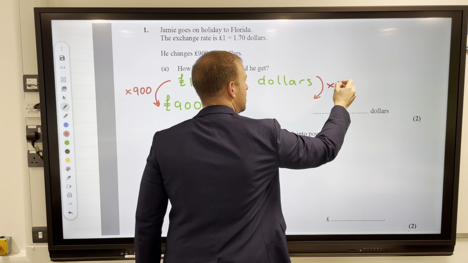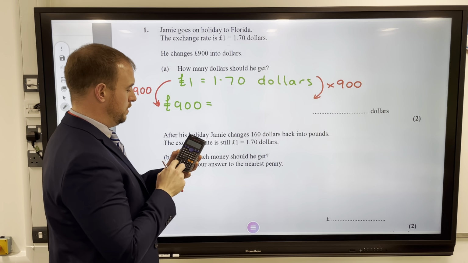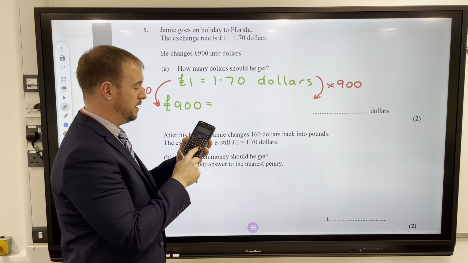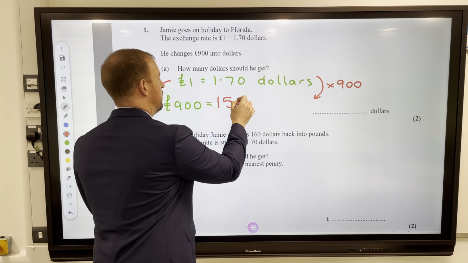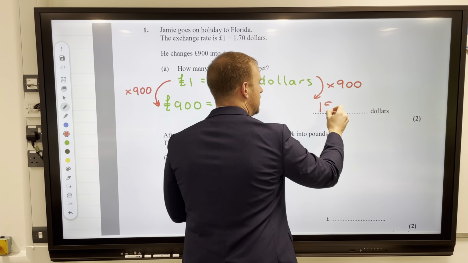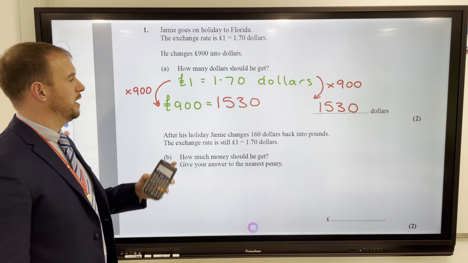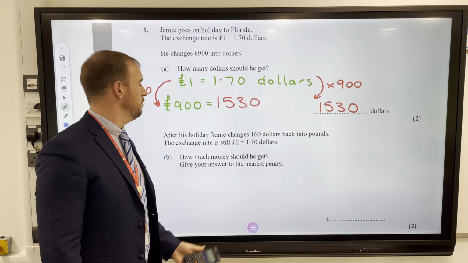We're going to times this by 900. So with the calculator, 1.7 or 1.70, doesn't make a difference, times 900, $1,530. They've even given us our unit of measurement to make it easier. We didn't have to round that one because it's made nice and easy for us.